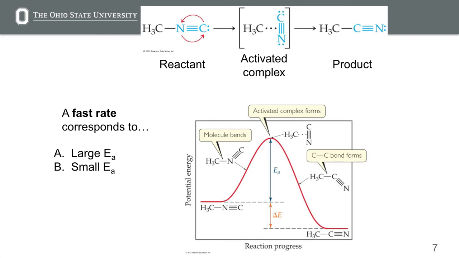Sort of alluded to this here. You think a fast rate corresponds to a large activation energy or a small activation energy? Small. Smaller hill to go up, the reaction occurs more quickly. Okay. That's going to be important when we start thinking about catalysts, which is the very last section of chapter 14.